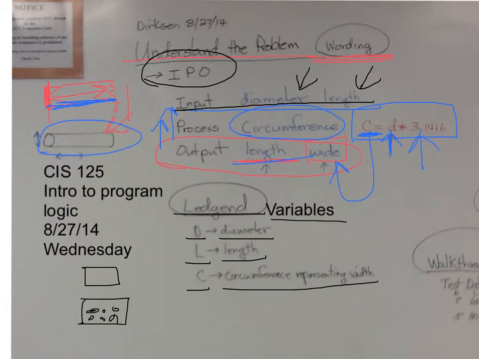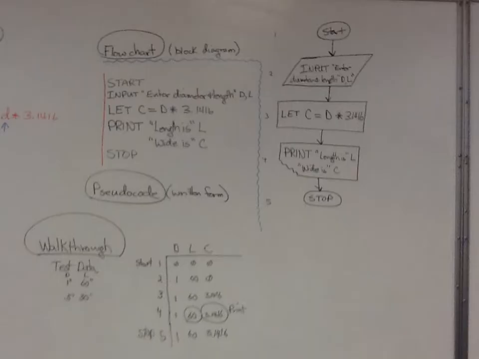So let's take a look at how we came up with the solution. We can flow chart, and we have pseudocode. The pseudocode is here, the flow chart is here. And at the end here we'll give you some names for the symbols in the flow chart.